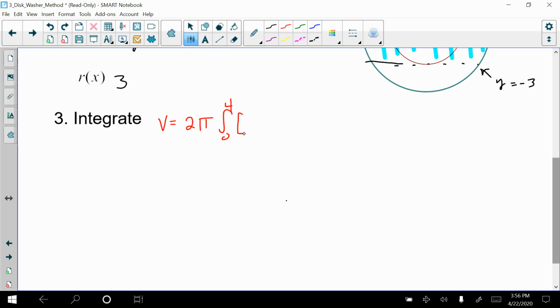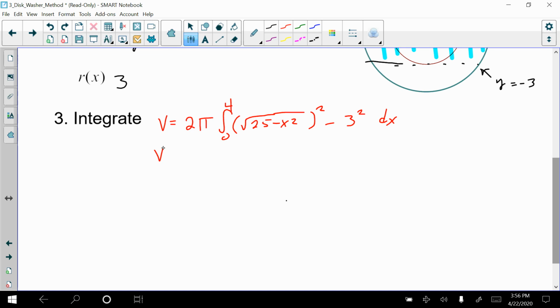The exterior radius in this case is going to be, and this should just be a parenthesis, my hand keeps hitting things, I apologize for all these things popping up, the square root of 25 minus x squared, and then minus 3 squared, and that will be the height of the washers that we would get, times dx, the change in x.